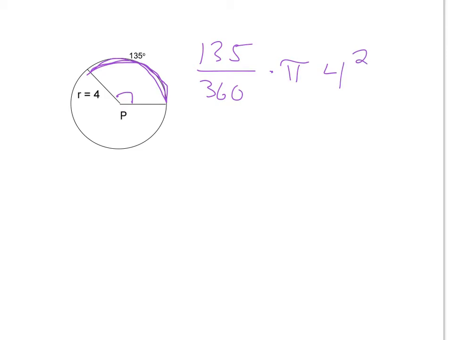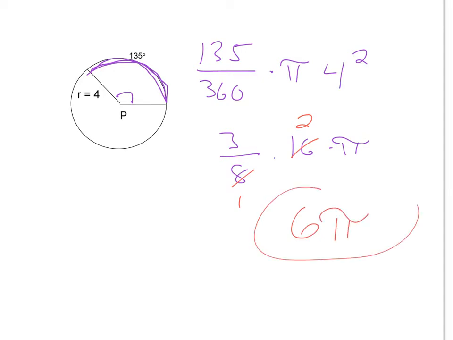So 135 over 360 can be simplified to 3 over 8 times 16, 4 squared, times pi. I'm going to cancel the 16 and the 8, and that becomes 2, and this becomes 1. It looks like my area of that sector is 6 pi.